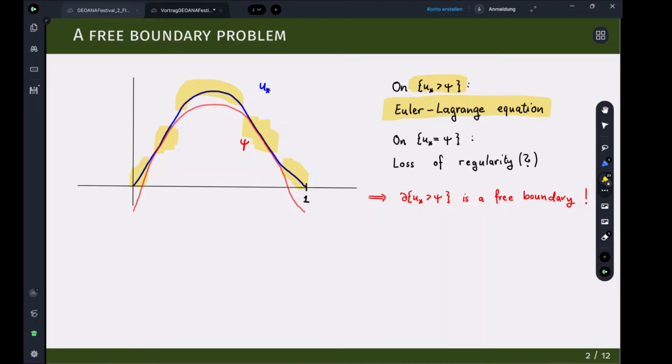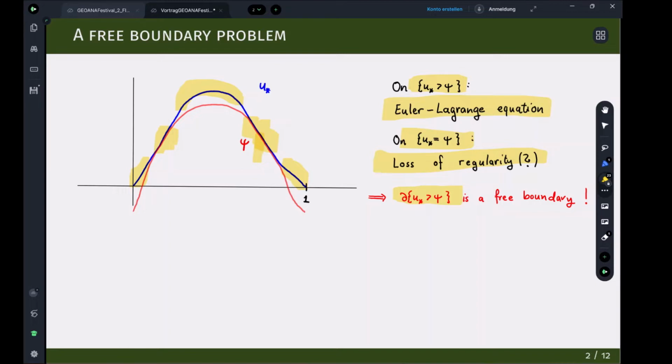If you perturb the minimizer in a downwards direction, it would go out of the admissible set, and therefore you might lose the Euler-Lagrange equation and the regularity that is associated with it at the point where you touch the obstacle. And this tells you that you have a free boundary in this problem, namely the interface between the non-coincidence set and the coincidence set. This is the free boundary of the problem.